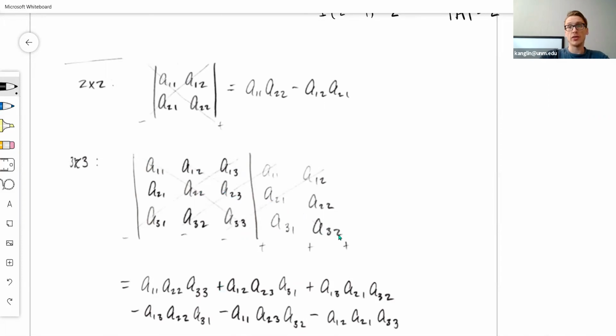A13, A21, A32 with a positive. All your leftward descending diagonals come next with negatives: A13, A22, A31, then A11, A23, A32, then A12, A21, A33.